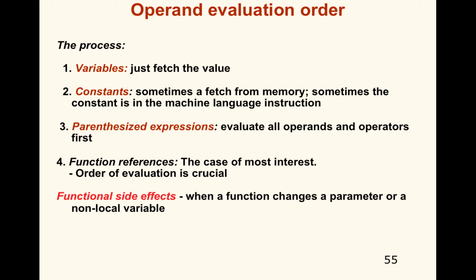So this is where languages that are called functional programming languages usually have what's called referential transparency when it comes to the function evaluation, which means there are no side effects. So languages like Scheme that we looked at, and Lisp actually has this as well.